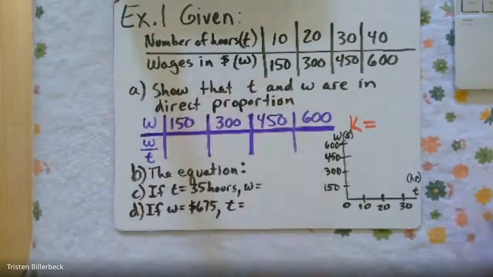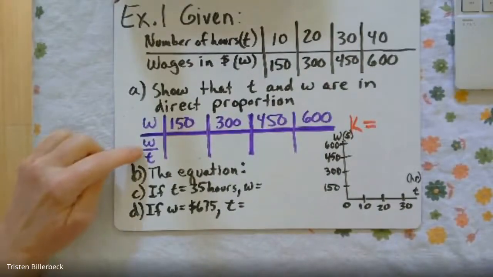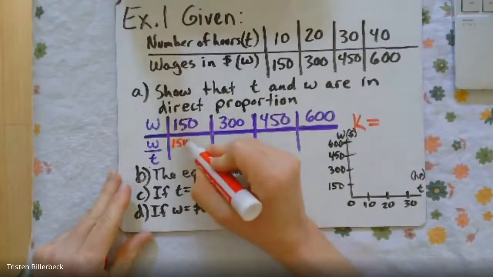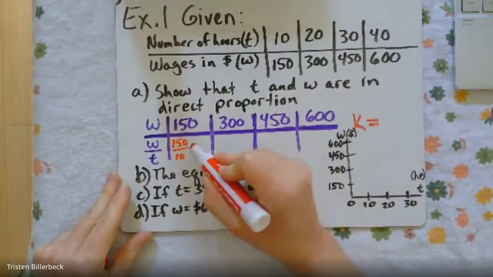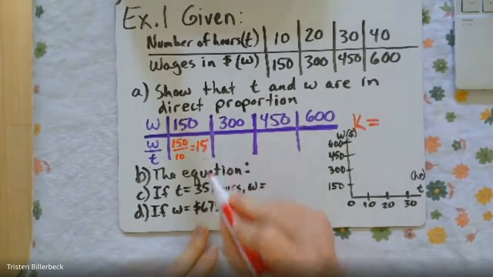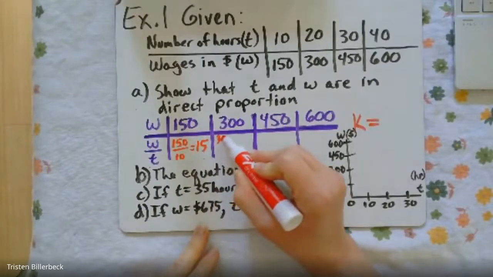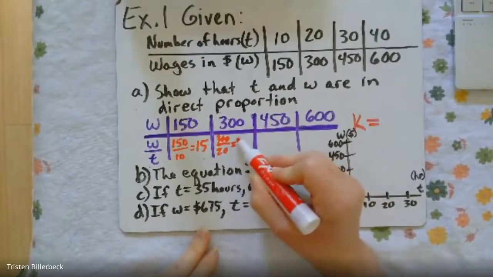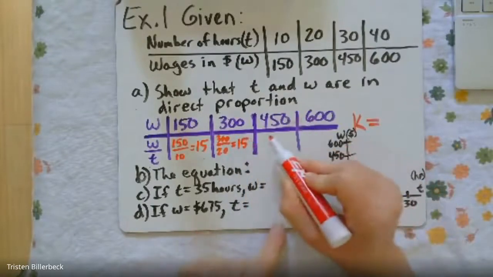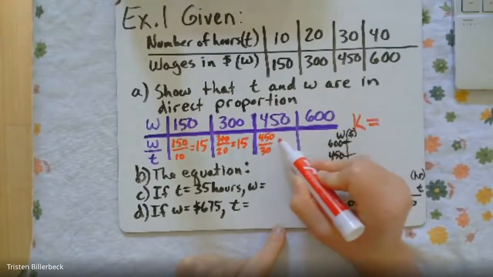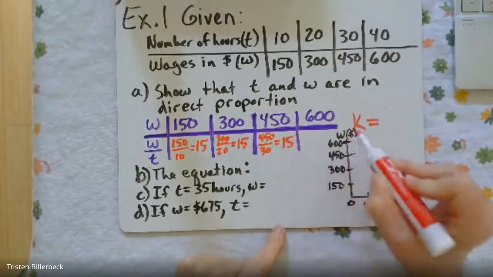We want to show that this is a direct proportion. So we put W over T. 150 over 10 is 15. 300 over 20 is 15. 450 over 30 equals 15.